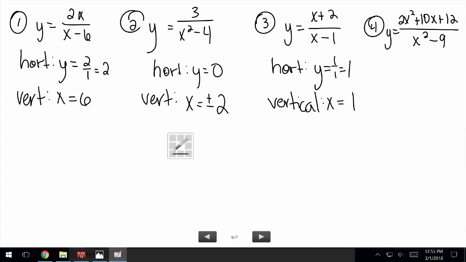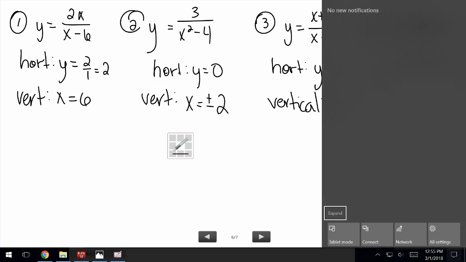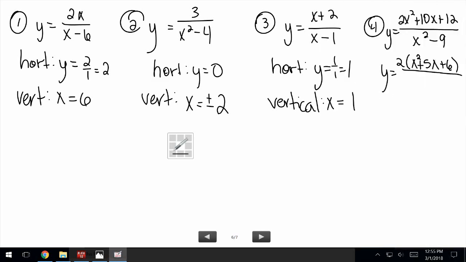All right. Number 4 had a GCF of 2. Pull the GCF out first, which leaves you with x squared plus 5x plus 6 over x plus 3, x minus 3. Now how does x squared plus 5x plus 6 factor? Positive 2 and positive 3. Very good.